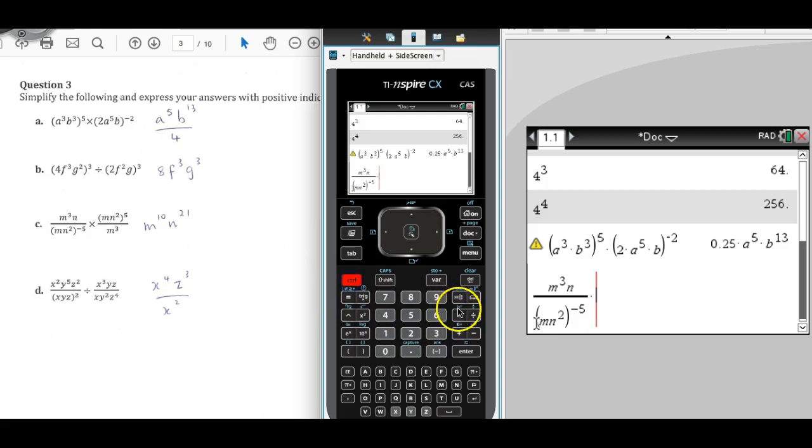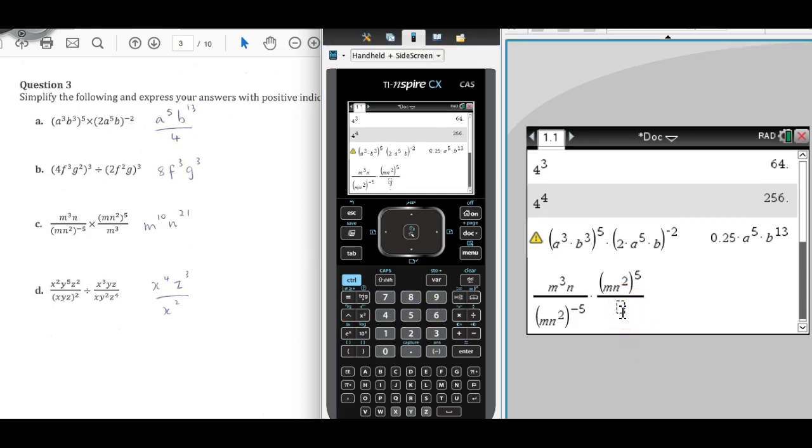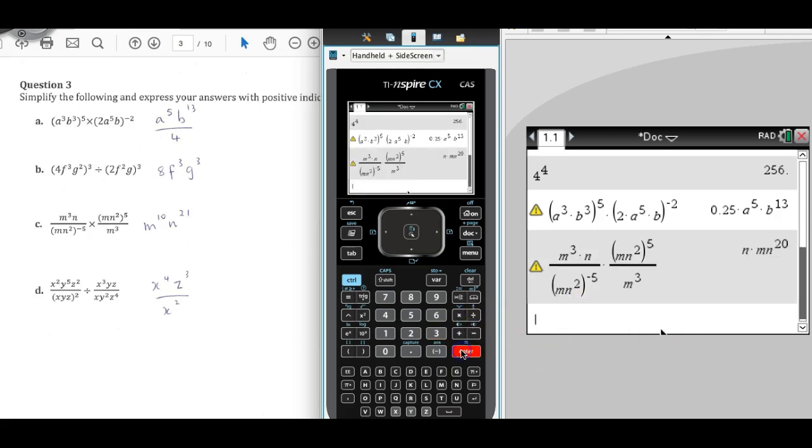Okay, so then we've got another fraction. Okay, so let's make sure that looks exactly the same as what is on the sheet. Fabulous, let's press enter.